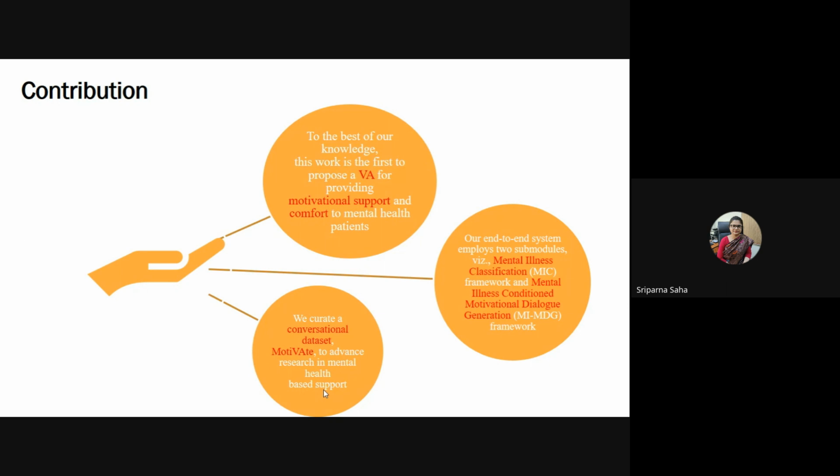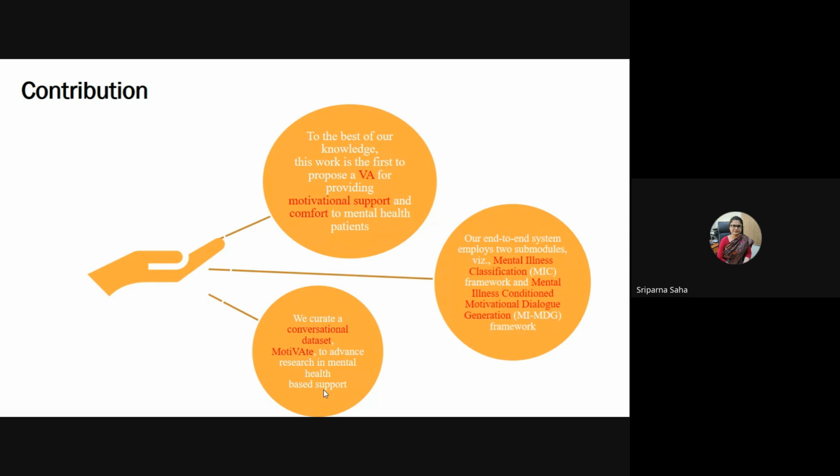At the first stage you have to classify, and then in the second stage, based on the mental disorder type, we need to generate the responses. So there are two submodules: one is the mental illness classification framework, and the second is the mental illness conditioned motivational dialogue generation.